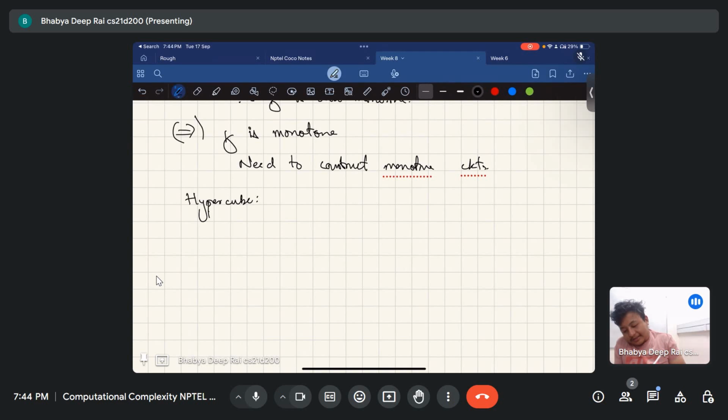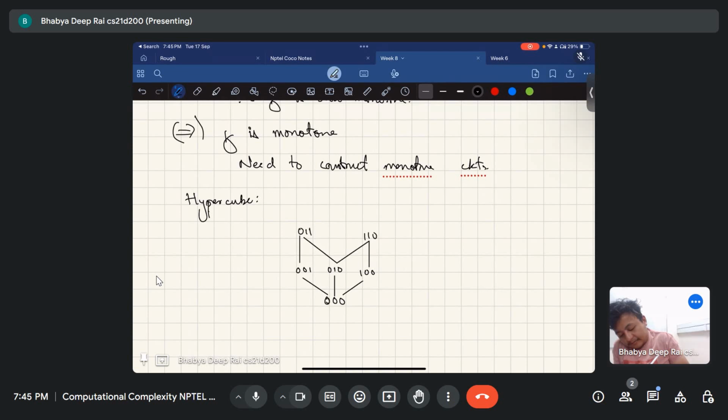Suppose a hypercube on 3 bits, something like this: 0 0 0, 0 0 1, 1 0 0. Now from here you have 0 1 1 and 1 1 0.